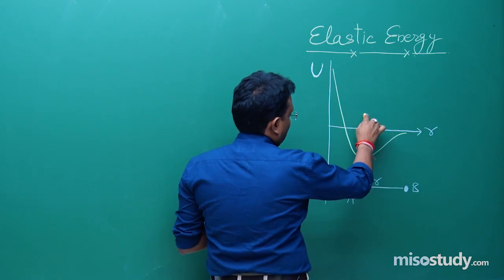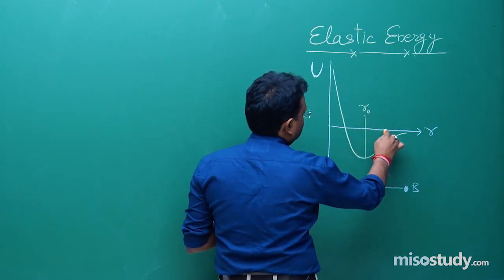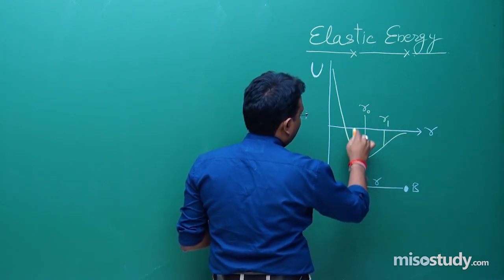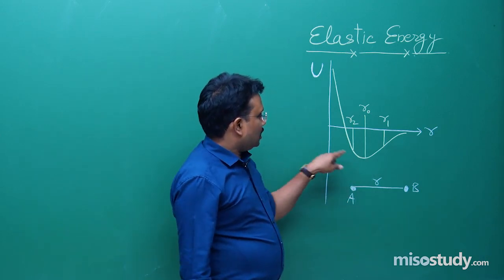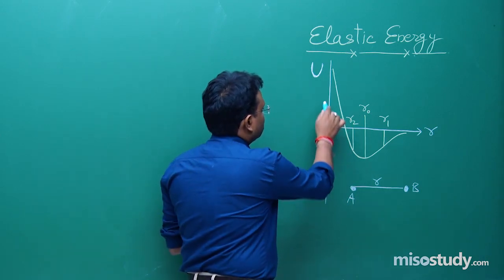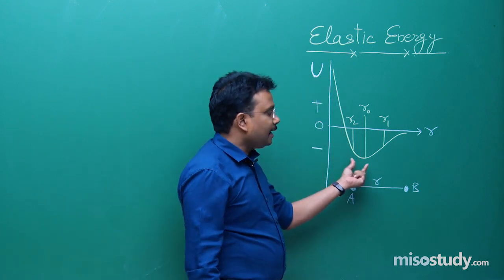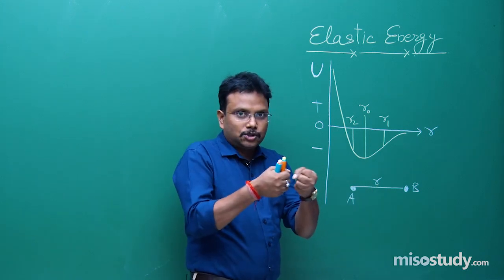Okay. This is R naught, this is R1, this is R2. Fine. Now, this is 0, it is positive end, it is negative end. Negative energy max means what? Binding energy. So, all these are bind together.